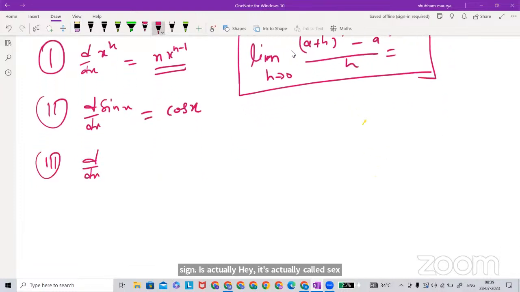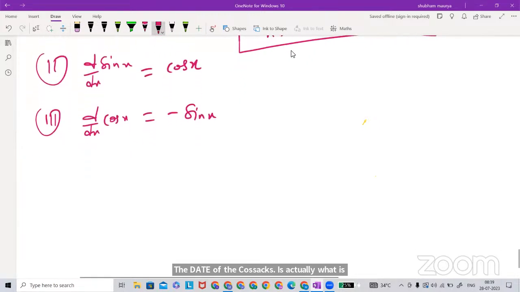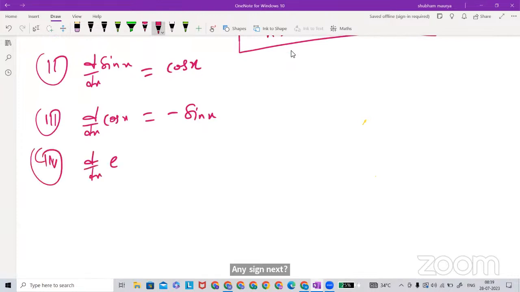Derivative of cos x is what? Minus sine x. Fourth one, derivative of e power x is what? E power x. Derivative of a power x is what?